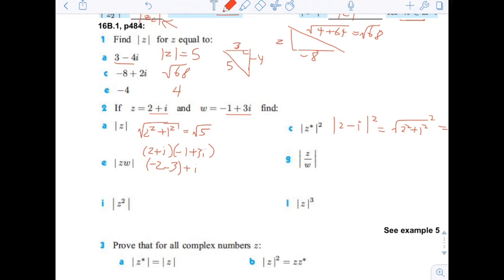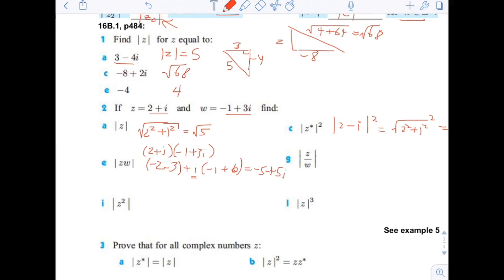And then we'll add it to the imaginary part, which would be negative 1 plus 6. Okay, and then we'll combine these. So it'd be negative 5 plus 5i.